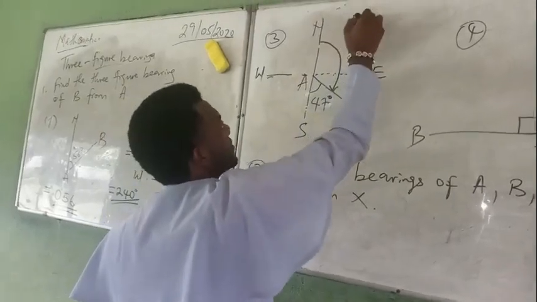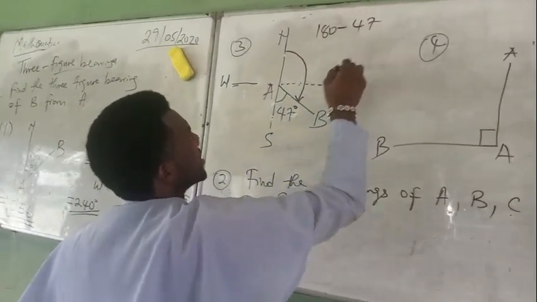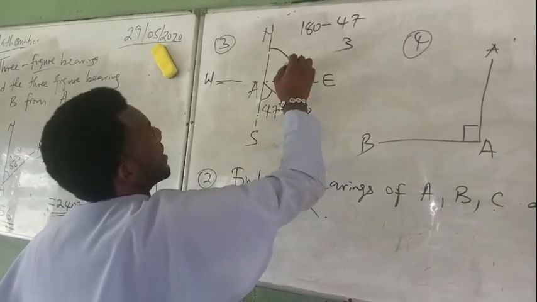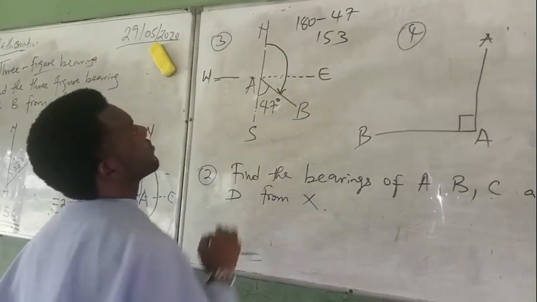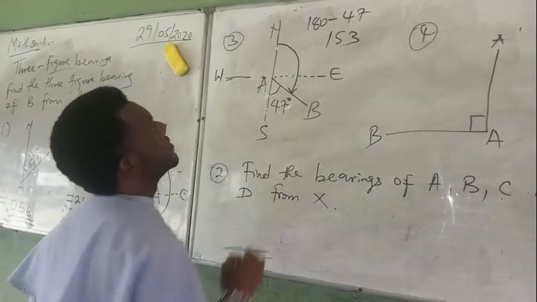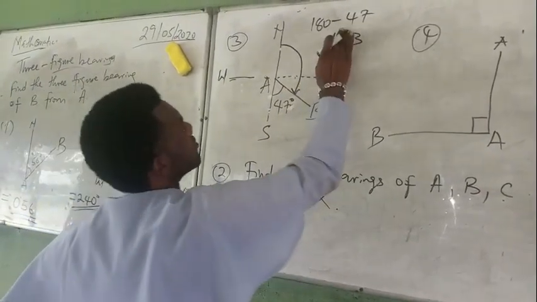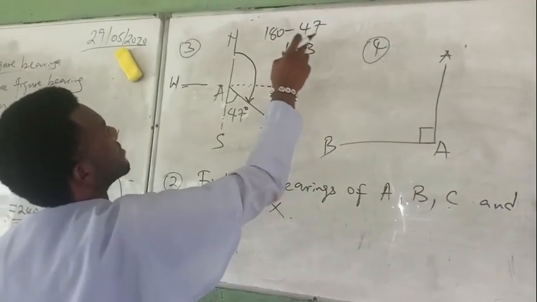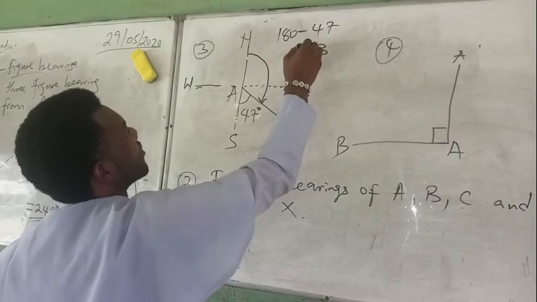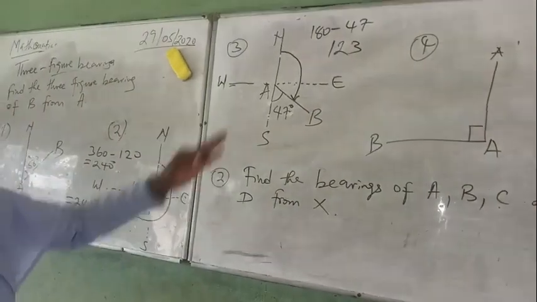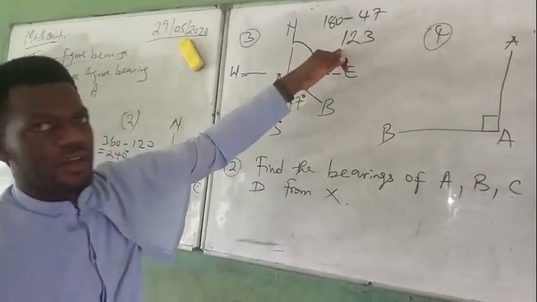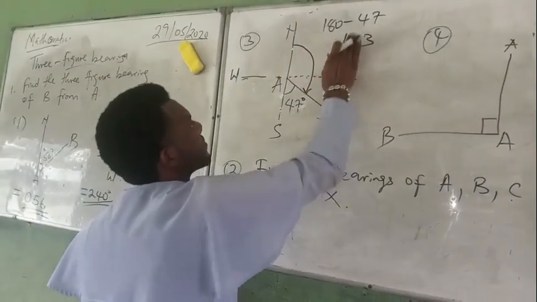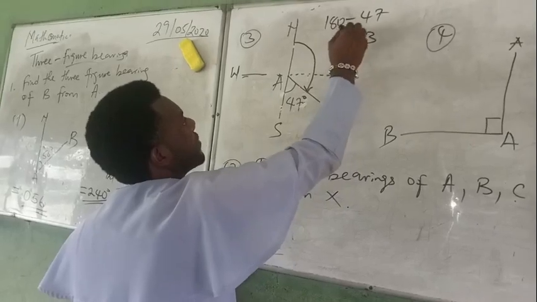So 180 minus 47 degrees, and that should be 133 degrees.